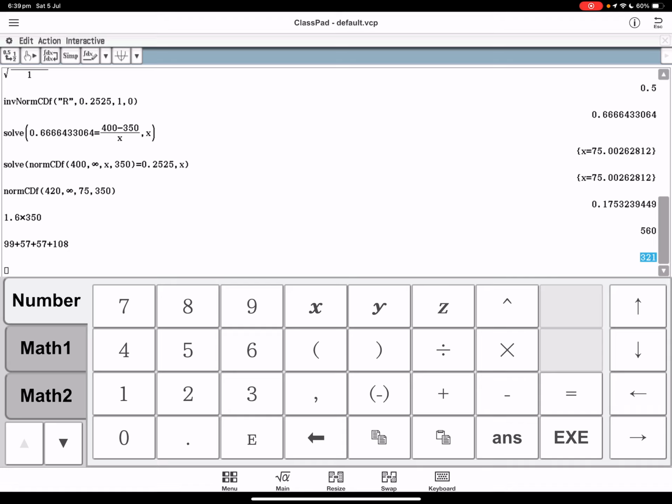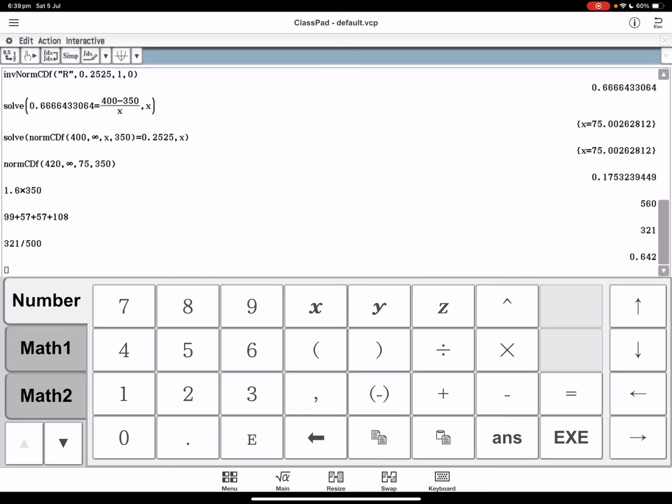Is that what we got? 321 divided by 500 as a decimal was 0.642.